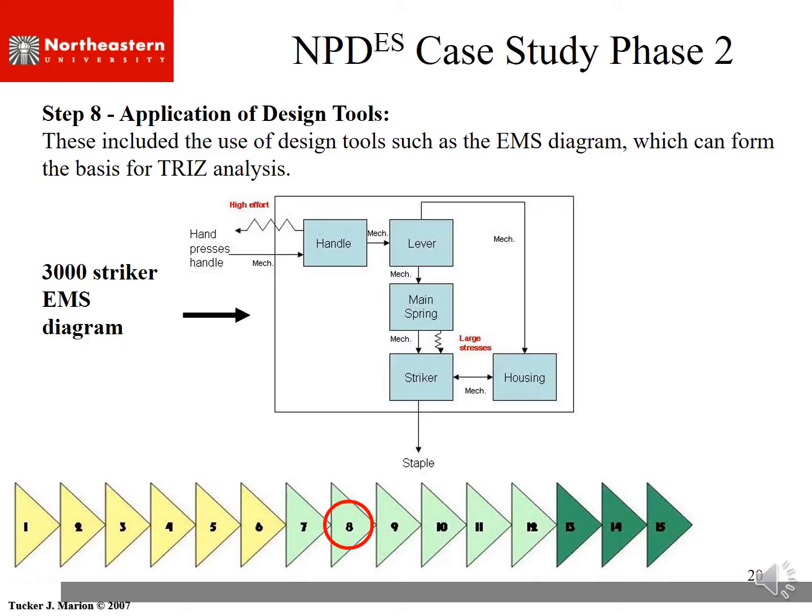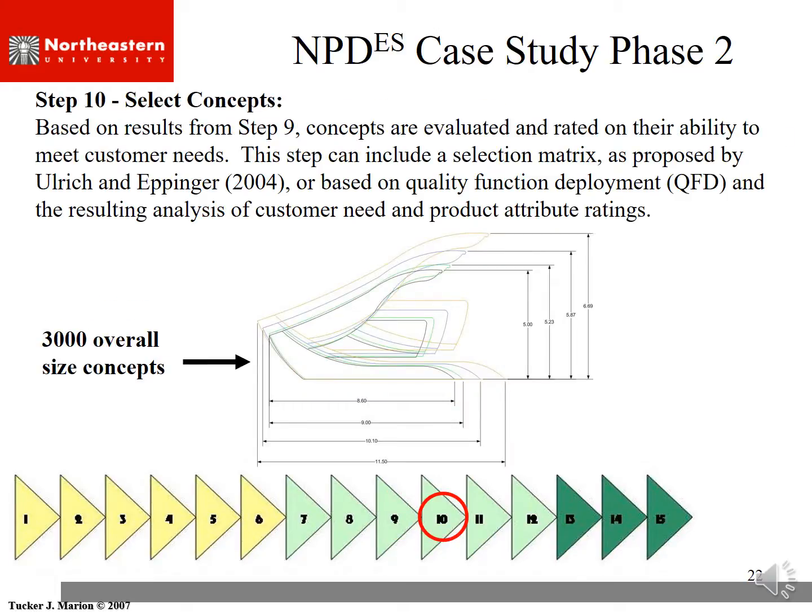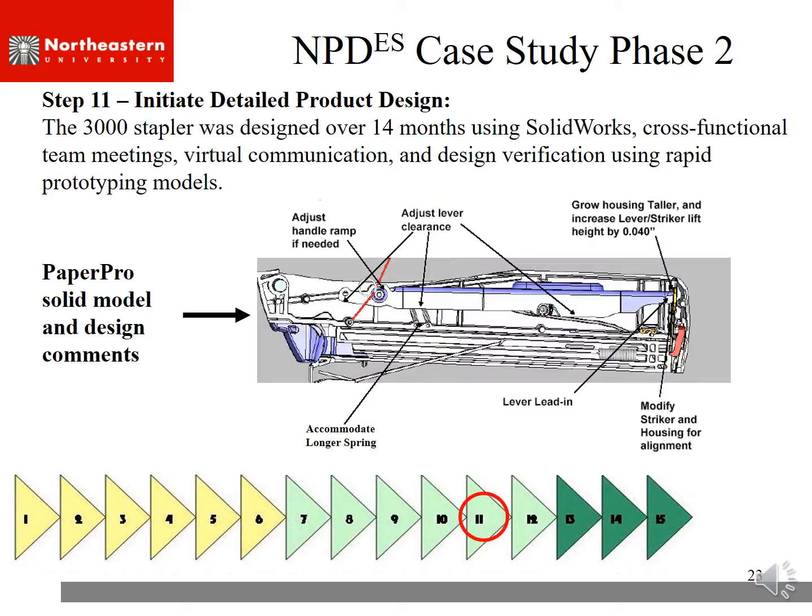But the reason I talk about it here is, since this is a stapler that's part of a family of products, using TRIZ, they could go back and look at some of the previous products and take the best elements and common elements in, rather than reinvent them, just leverage them in the design of the 3000. Designs and functions. But once they quantified the selection and chose the final project, that's what they went with.